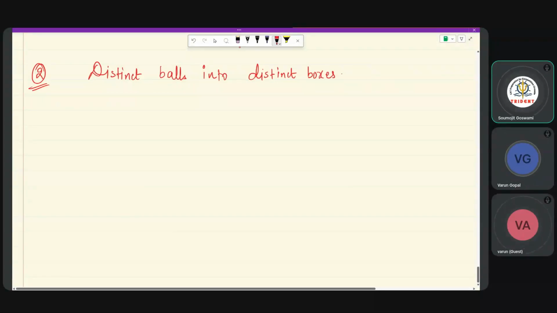Distinct balls into distinct boxes. I have a question, because all these questions will be based on these ideas. Distinct balls into distinct boxes is an important one. Please take a screenshot.